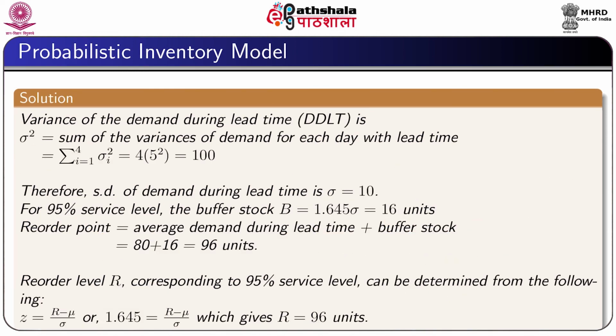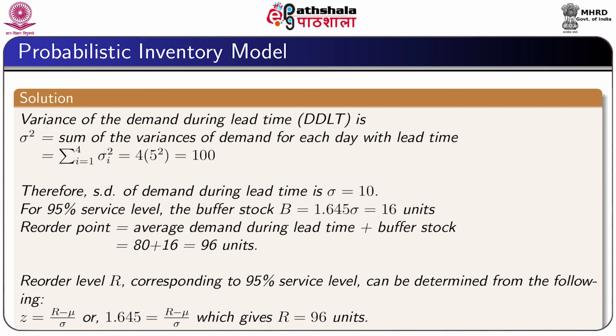The variance of demand during lead time is sigma square equal to sum of the variances of demand for each day with lead time, that is equal to summation i equal to 1 to 4 sigma i square, which is equal to 100. Therefore, standard deviation of demand during lead time is sigma equal to 10.